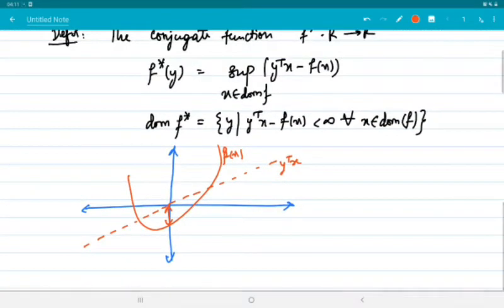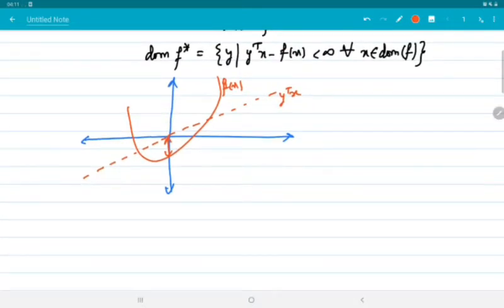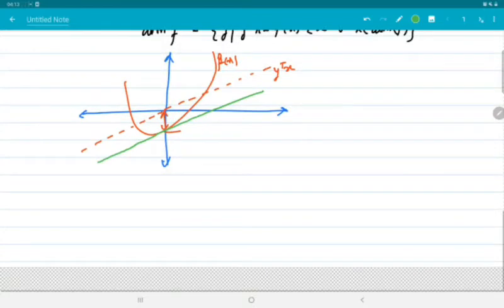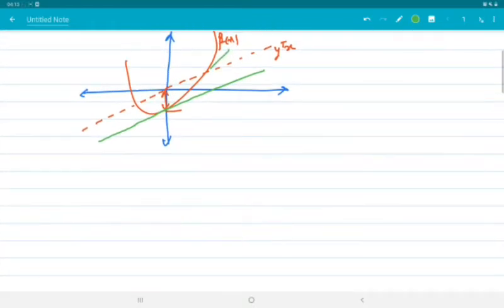So the slope of the function at that point, f dash x, is equal to the inclination of the line.